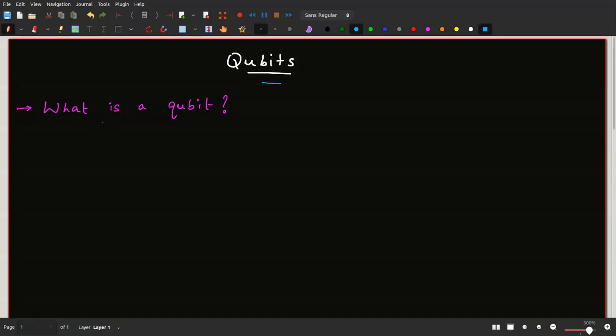So let us start the lecture with the very basic question: what is a qubit?